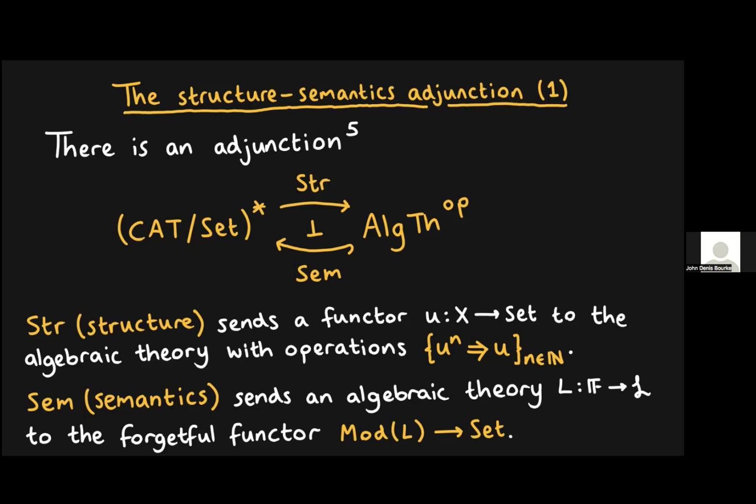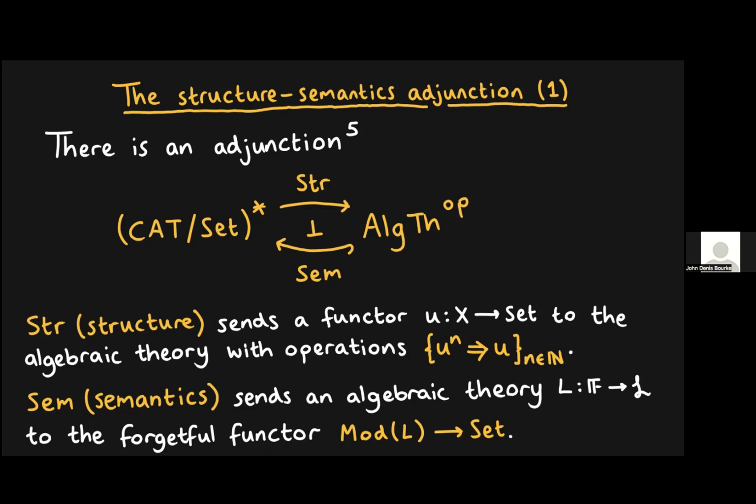And so it's a way to pass between, well, the name comes from, the structure is the algebraic theories, algebraic structure, and the semantics is how we're interpreting the categories of models. And so the structure functor takes some maybe category of models to the structure that's associated with it, and the right adjoint takes a category of algebras to its semantics instead.